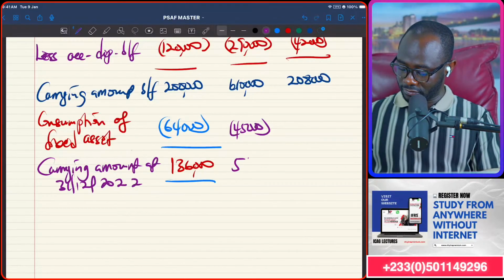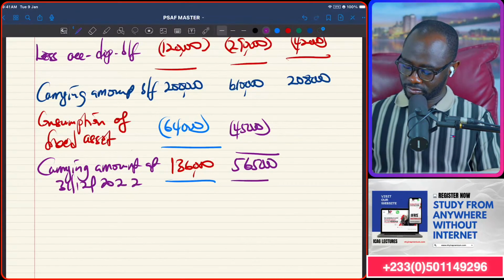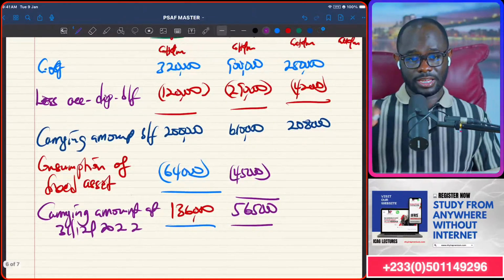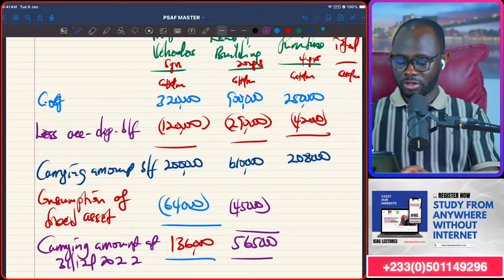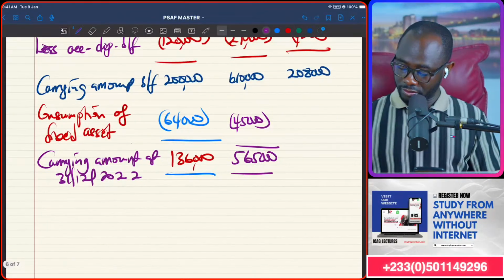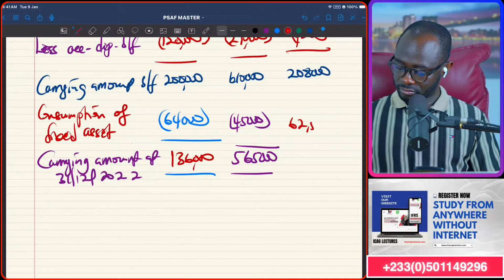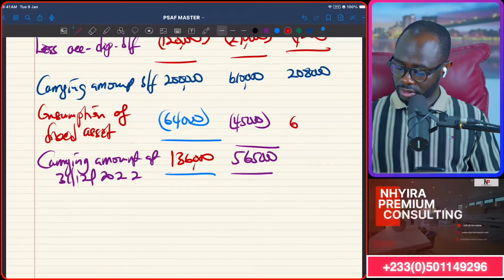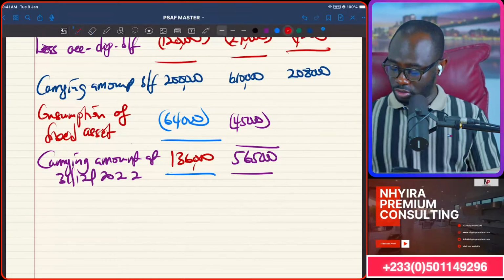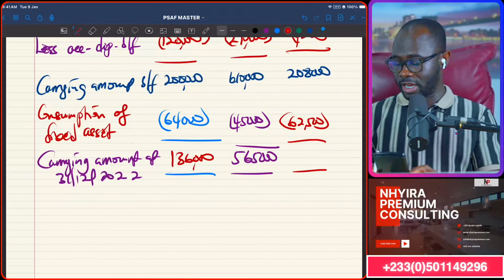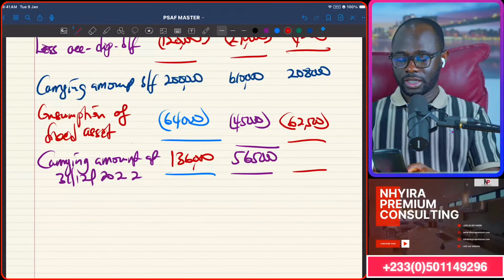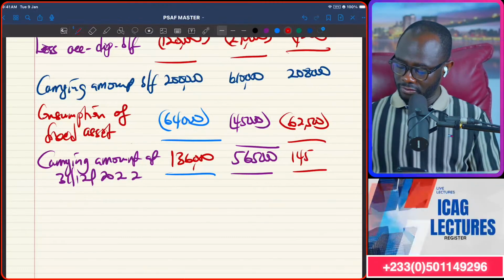That should be 565,000. Then the last one, furniture, we are doing 4 years. So 250 divided by 4. That's 62,500. We take it out, and that gives us 145,500.